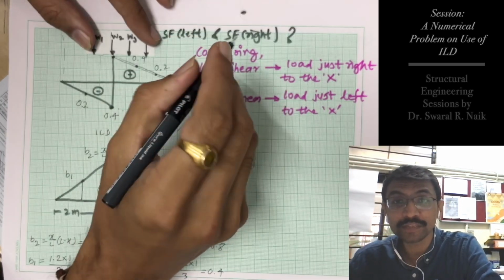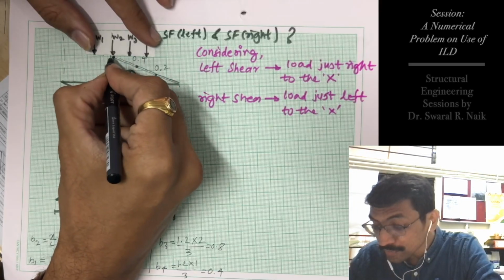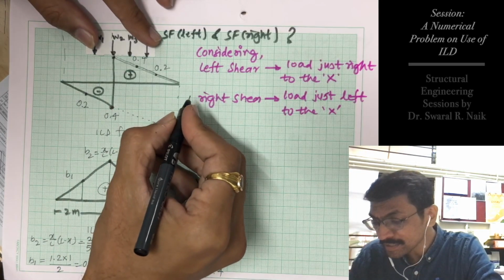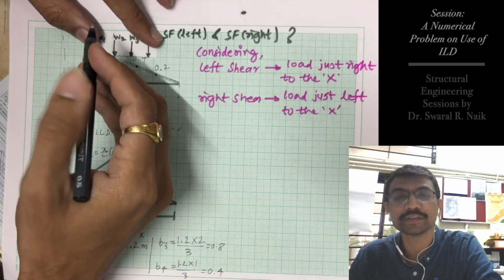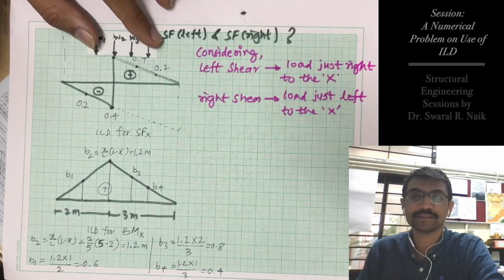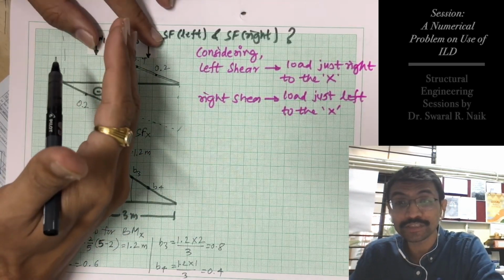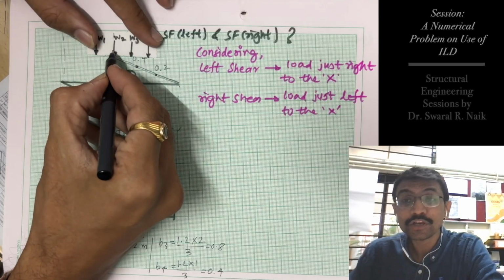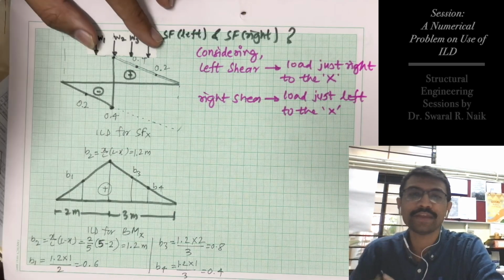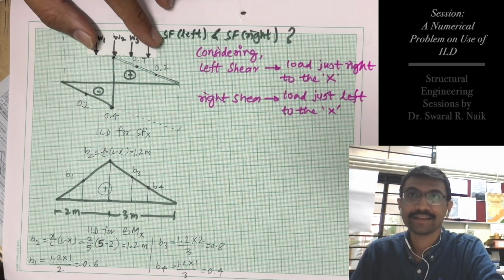So left shear is nothing but when the W2 is just next to the section, it will give you left shears. It means all the shear forces which are left to SFX, right?